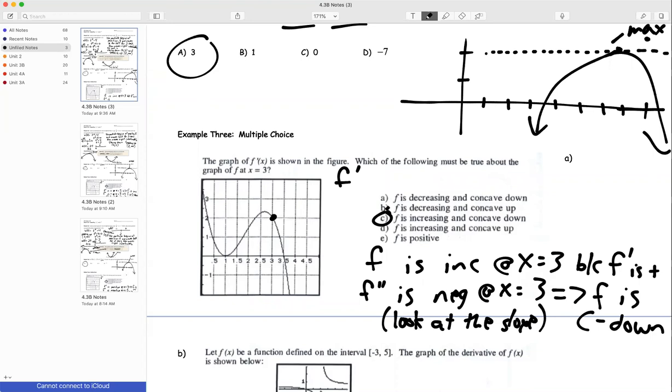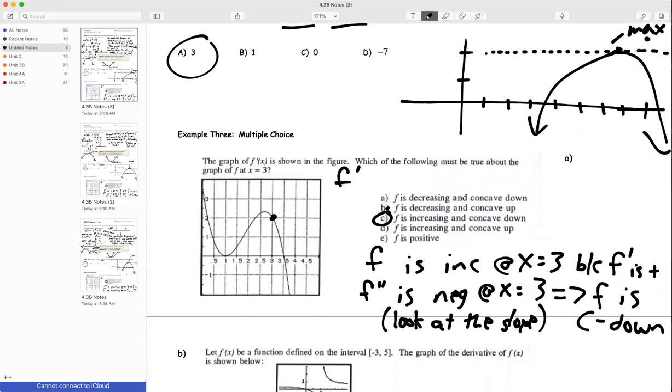Could you also look for it across this x? Like if you did it as it was decreasing or increasing, and then it was decreasing, so that means you would find an extrema wherever this graph crosses the x-axis.